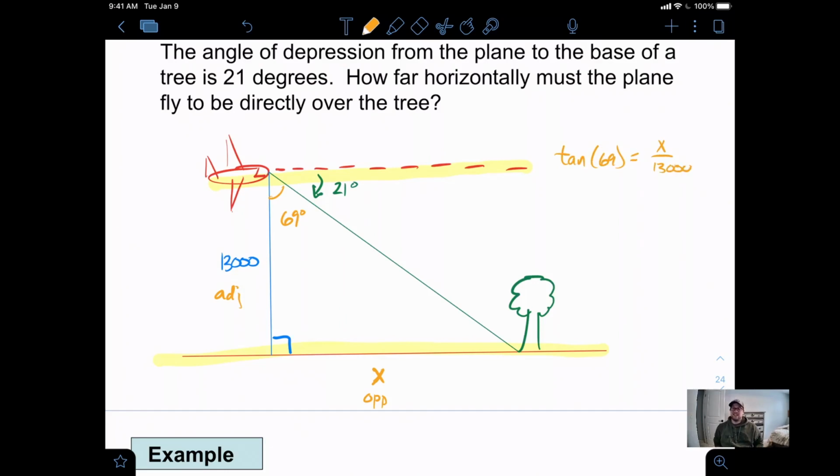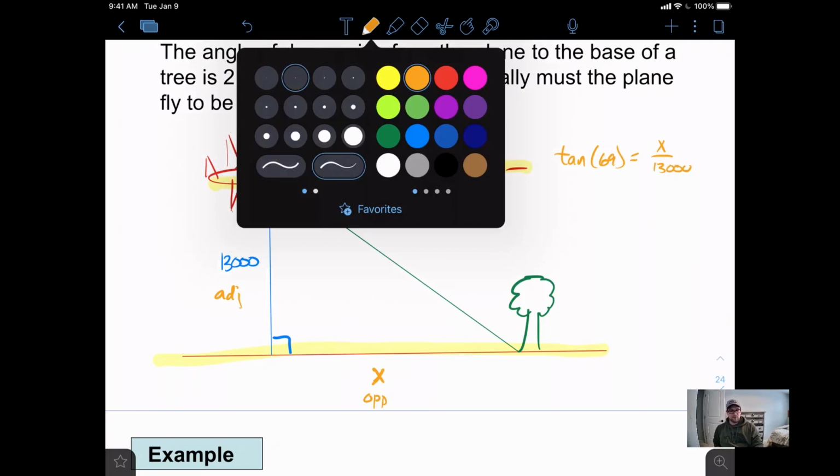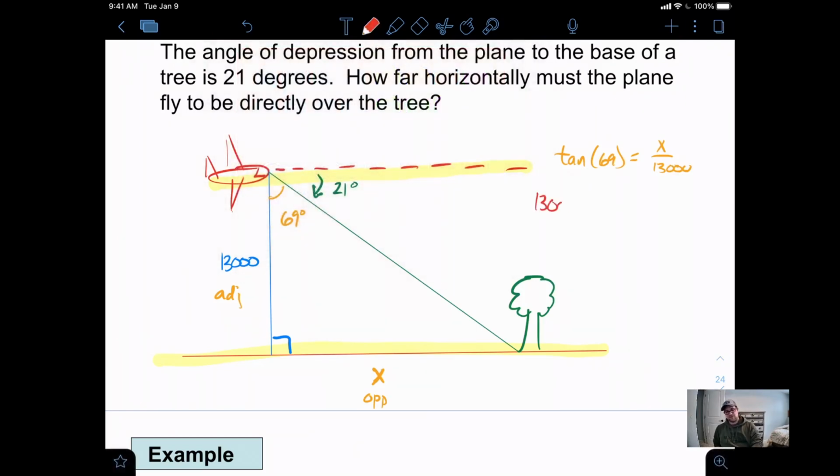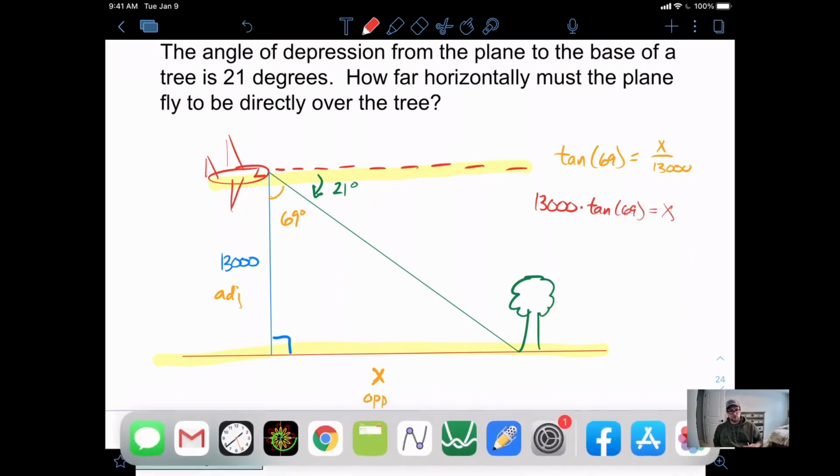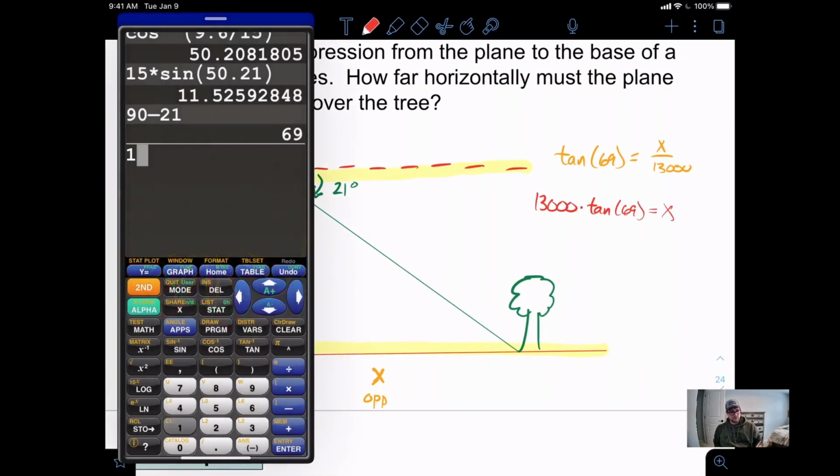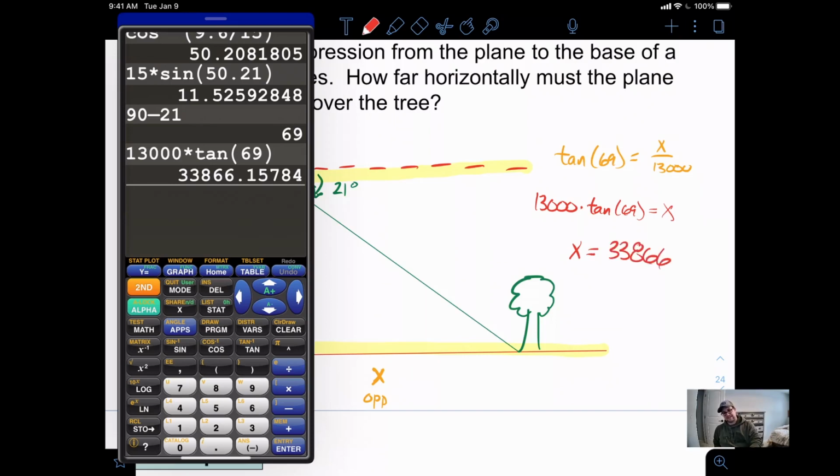Now to get x alone, we're going to have to multiply both sides by 13,000. So I'm going to have 13,000 times the tangent of 69 is equal to x. So multiplying that all out, 13,000 times the tangent of 69 degrees gives us an answer of x being equal to 33,866.16.